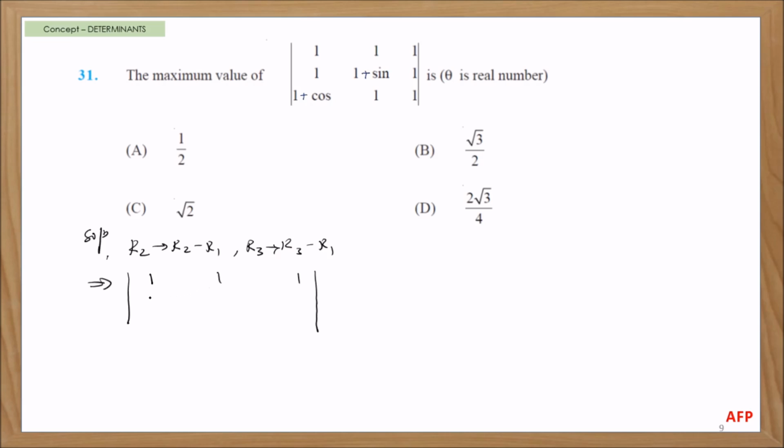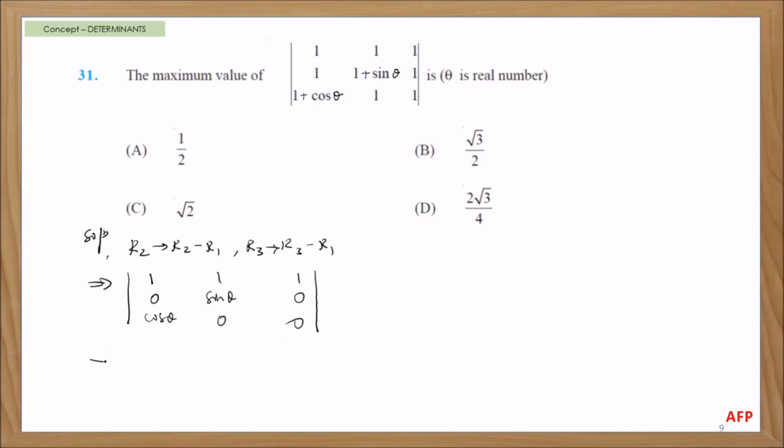So if you subtract, here it is theta. Minus, if you take, so sin theta, 0 you are getting. So here also cos theta, and here you are getting 0, here also you are getting 0.